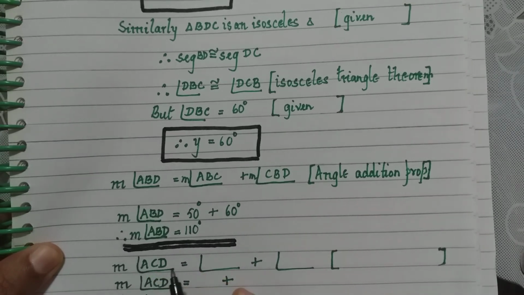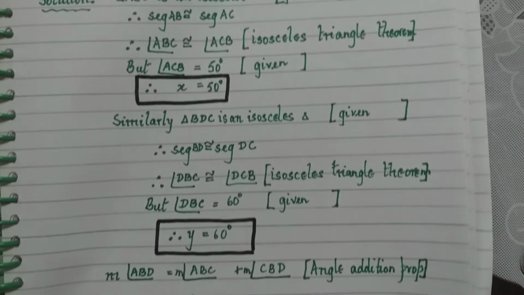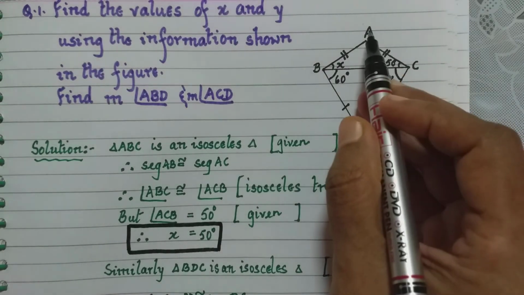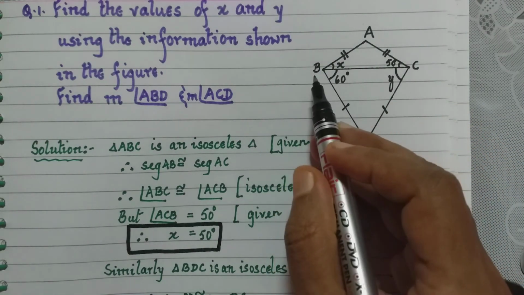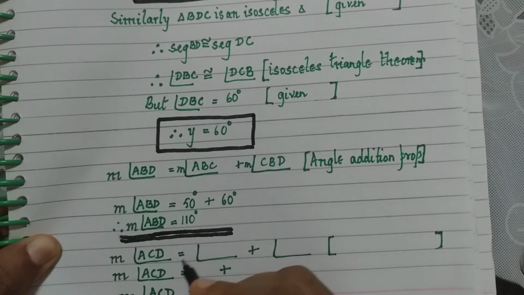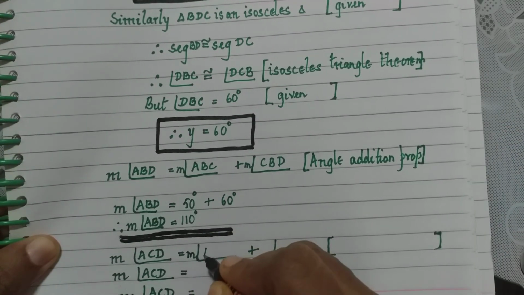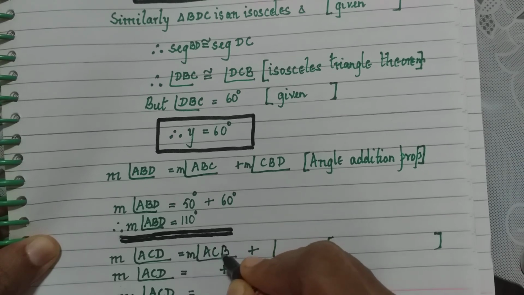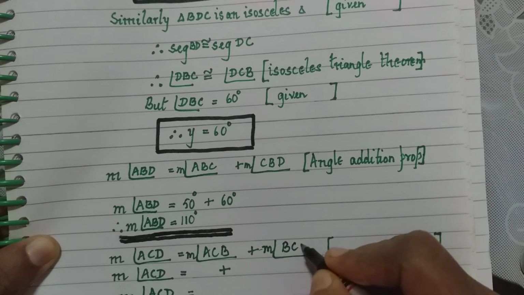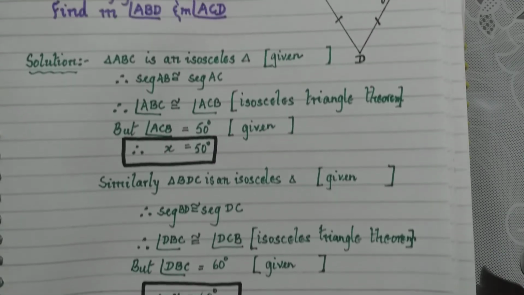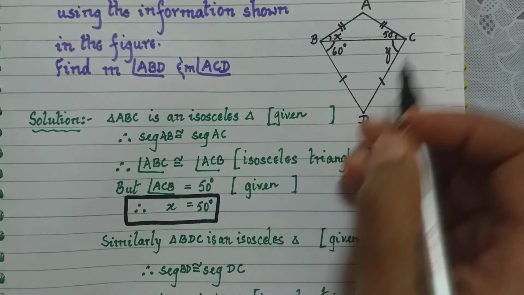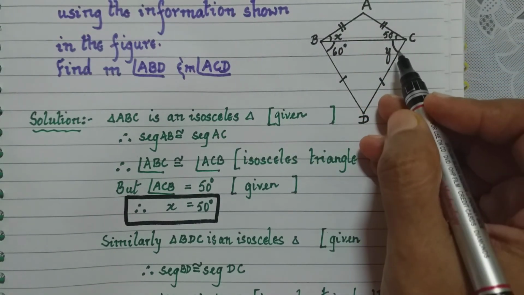Now they have also asked measure angle ACD. Again, look at the figure. You have here ACD, that is angle ACB plus angle BCD. Measure angle ACB plus measure angle BCD. Here we see ACB plus BCD, that is 50 degrees plus y.